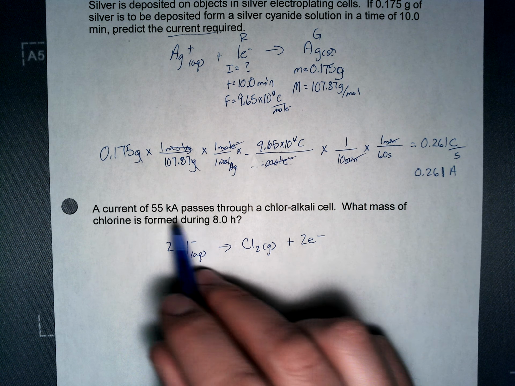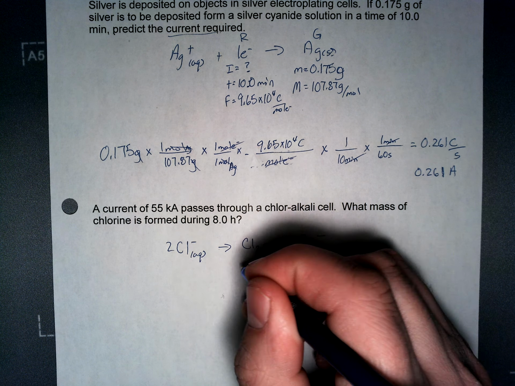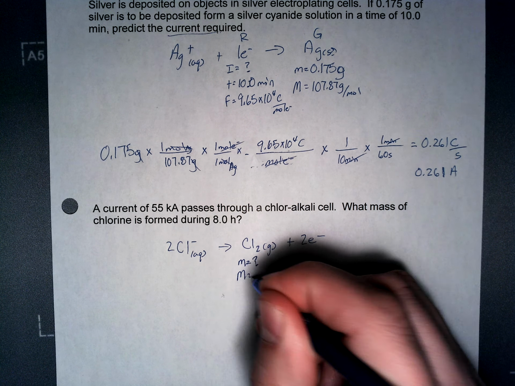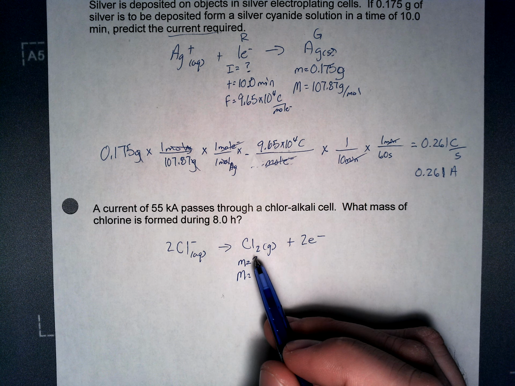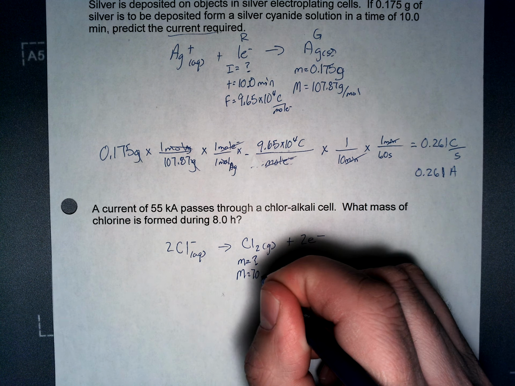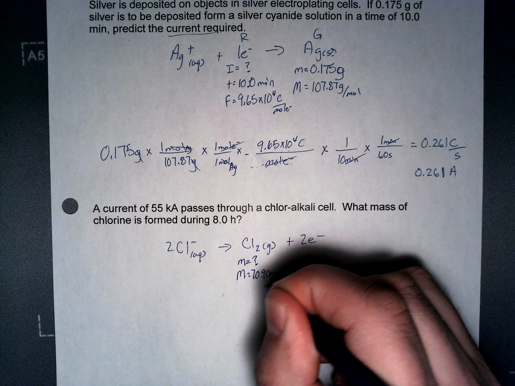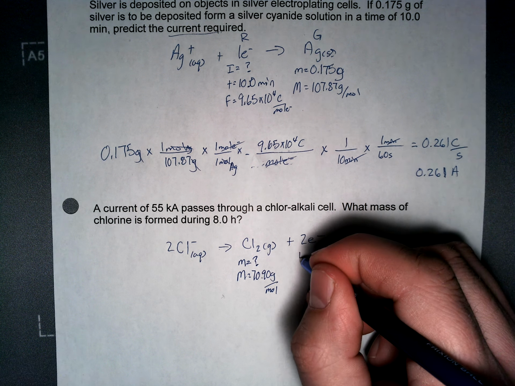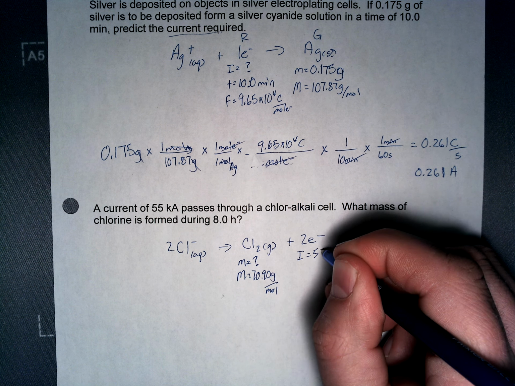It's asking what mass of chlorine, so this is the mass we're looking for. For molar mass, because there's 2 chlorines, we have to times it by 2, so we get 70.90 grams per mole. Under the electrons, we put our I, 55 kiloamps.